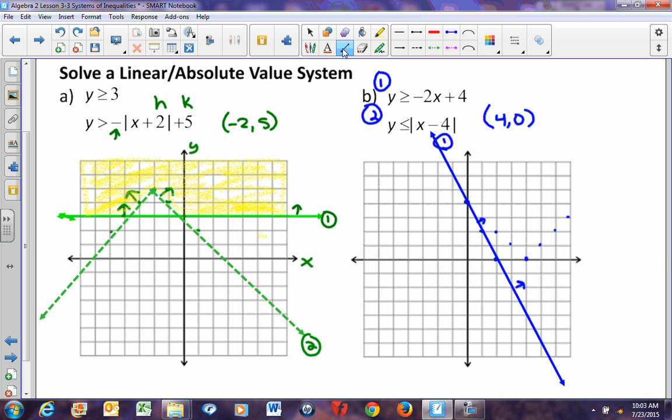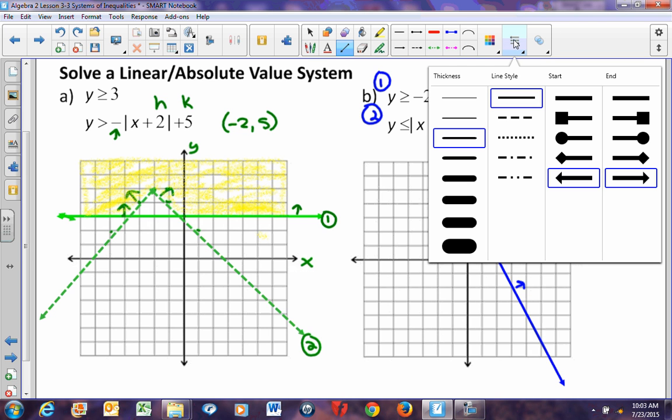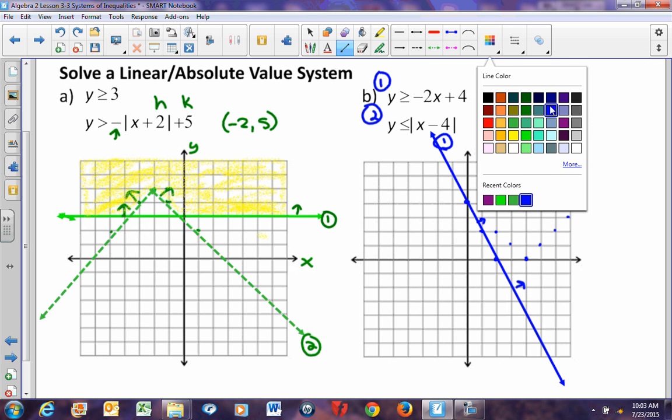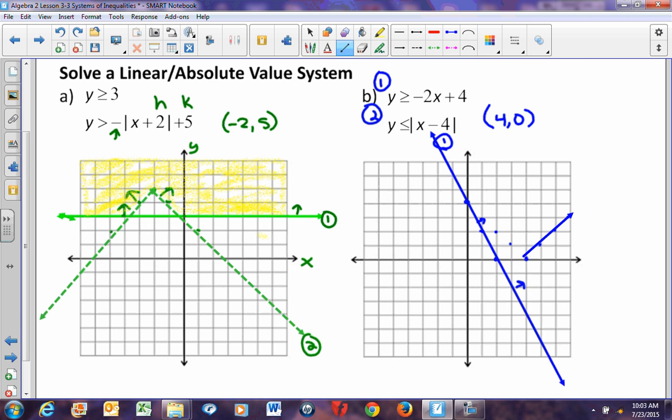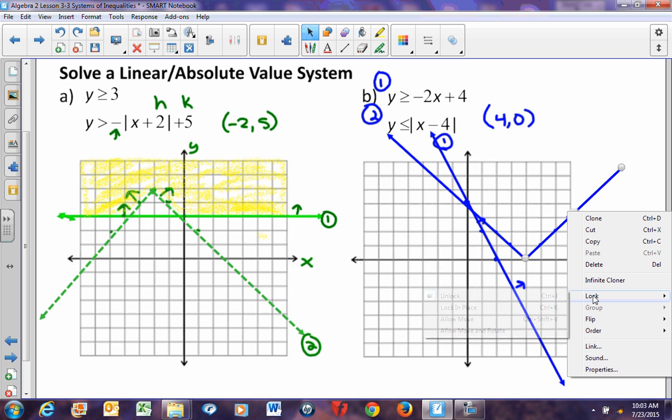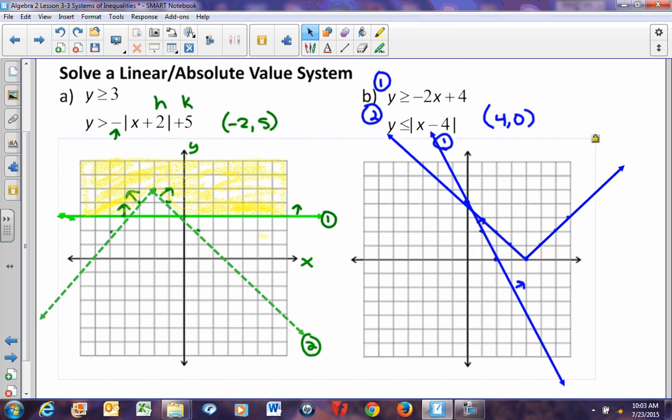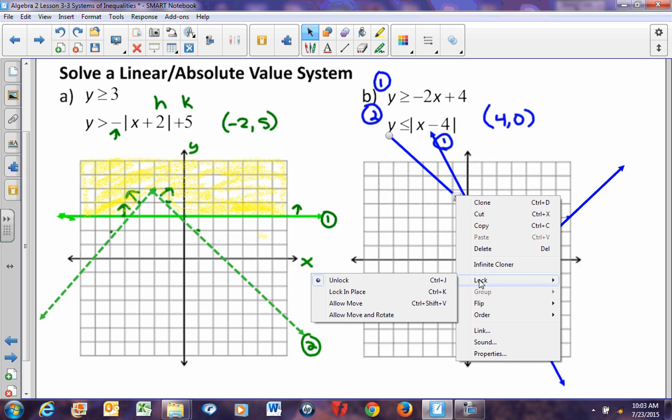Again, it's a solid line. There we go. Lock that in place.